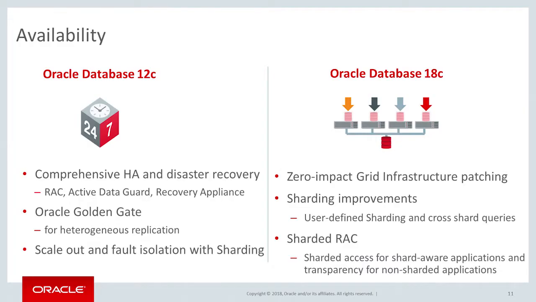Another key introduction with Oracle Database 18c is what we're calling sharded RAC. We're now able to take existing RAC applications and dynamically direct different users to different servers in a cluster to get better balanced utilization across all servers in a cluster. Moving on, let's talk about performance now.